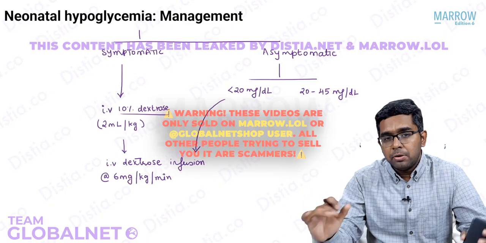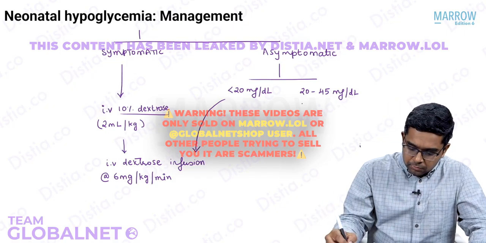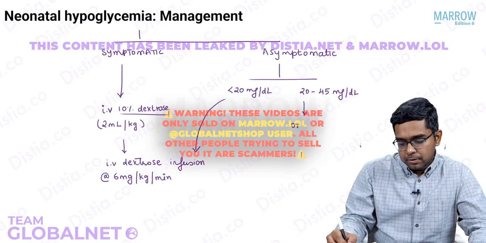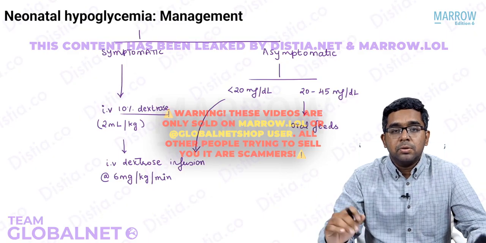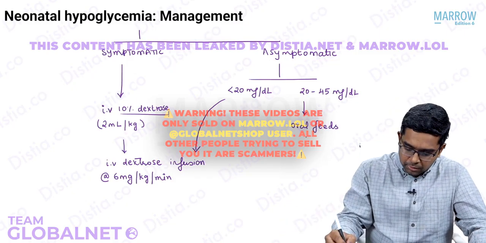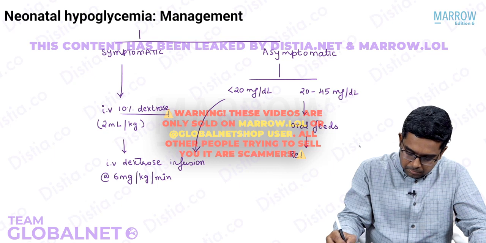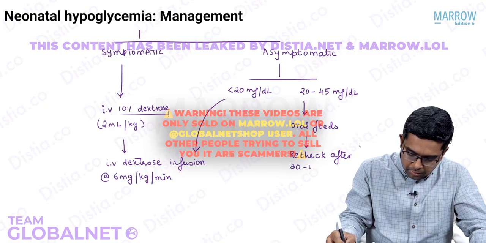If it is above 20 but less than 45 milligram per deciliter, you can give oral feeds. For example, suppose the mother is breastfeeding the baby, you can advise her to give a feed once, okay? And then you have to recheck after 30 to 45 minutes.